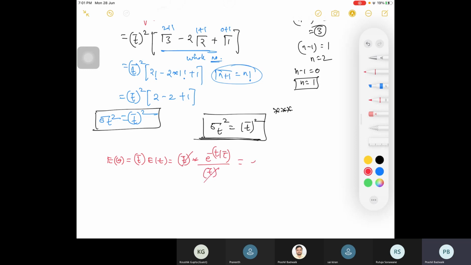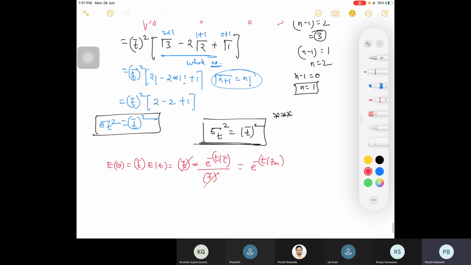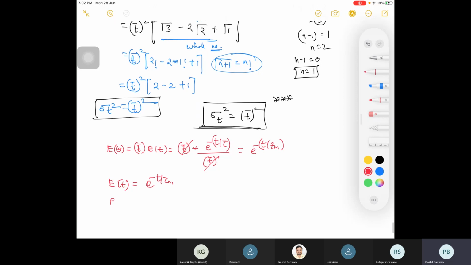So this will get cancelled. You will be having e to the power minus t by t mean, or t by tau m you can write. So this is your E t, right? E t is equal to e to the power minus t by tau m, and your E theta is equal to e power minus theta.